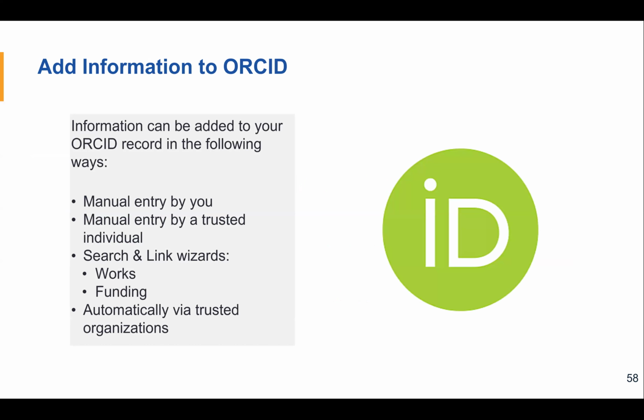So that said, information can be added to your ORCID record in a few different ways. You can add information to your ORCID record yourself, so the idea of adding it manually, or you can designate a trusted individual to add information to your ORCID record for you.